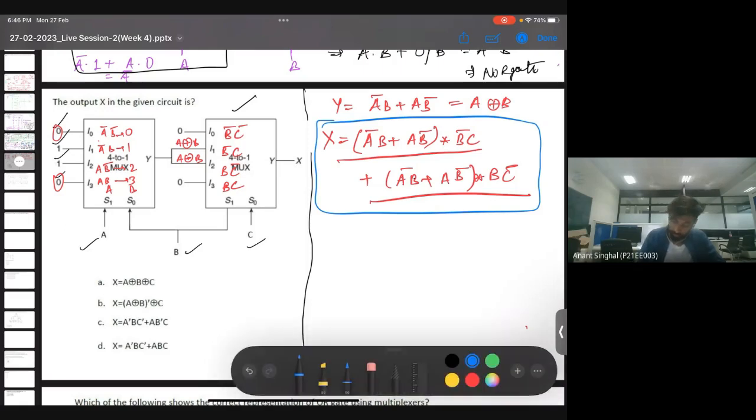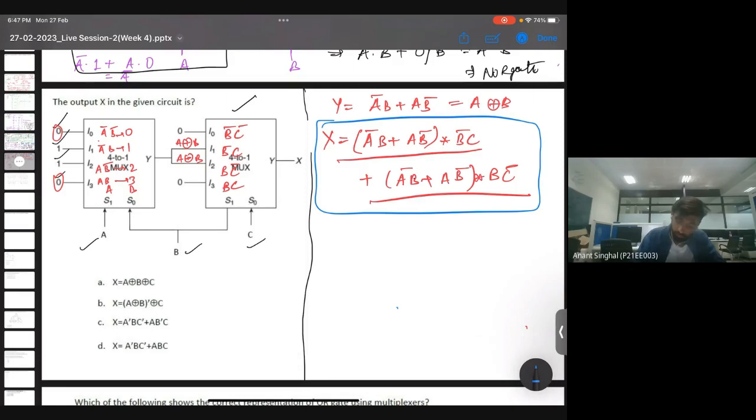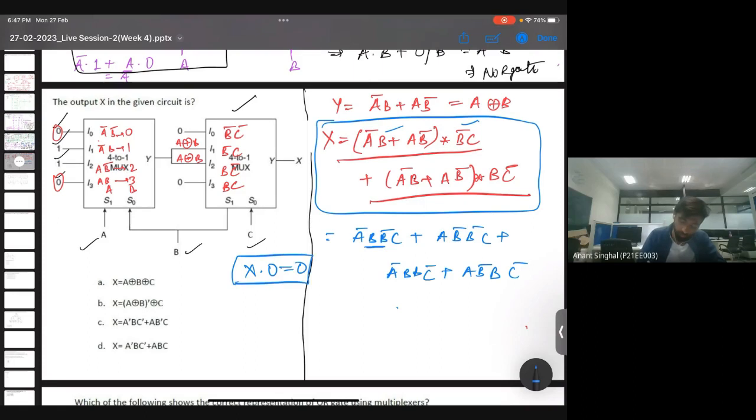Okay, I'll try to proceed. So if I multiply b with b bar, you know that we will get 0. Maybe I'll try to write it plus a b bar c plus a bar b b c bar plus a b bar b c bar. So we know that this is 0 and any variable multiplied with 0 will always give 0, and x bar is nothing but 0.